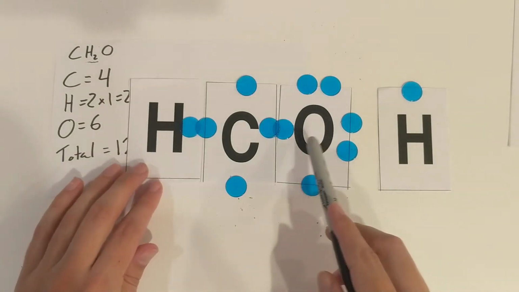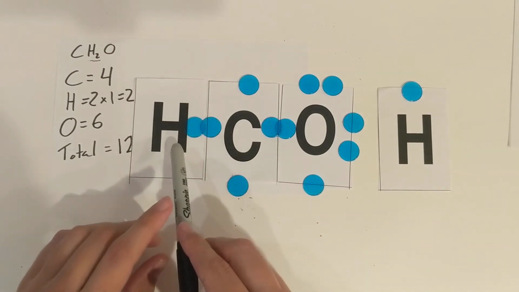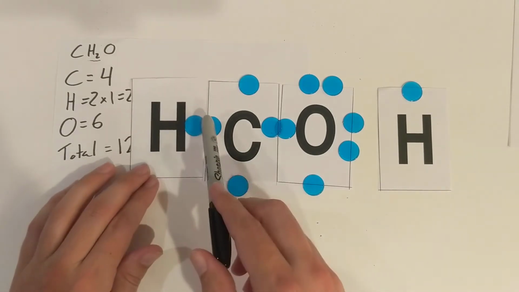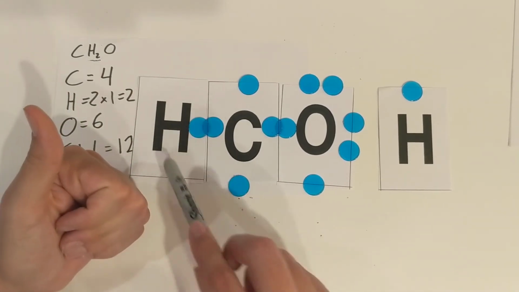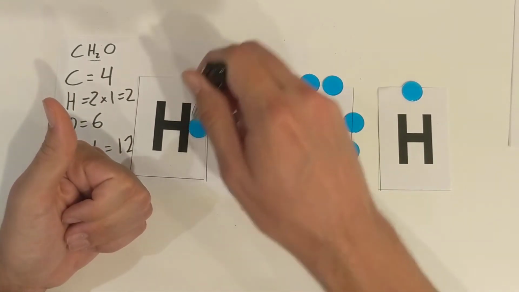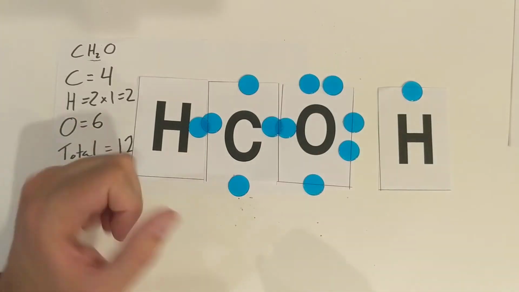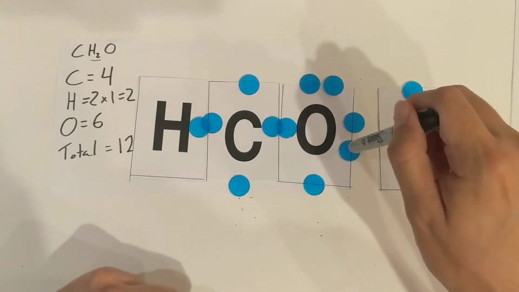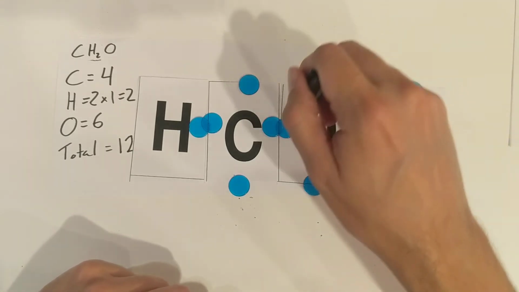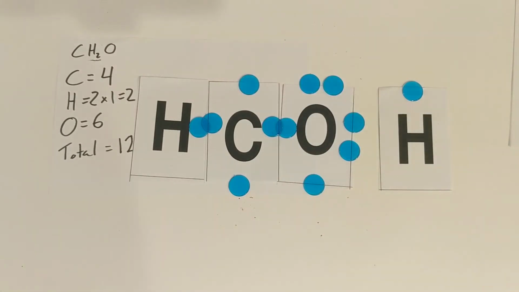But if we count everything up, this hydrogen already made its 1 bond. It's got 2 electrons. That hydrogen is happy. The carbon, 1, 2, 3, 4, 5, 6, it wants to make 2 more. And the oxygen, 1, 2, 3, 4, 5, 6, 7. The oxygen wants to make 1 more.